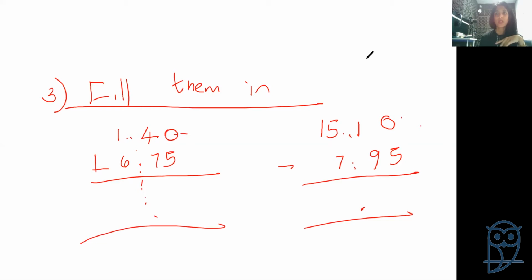Okay, so now we know that when we are converting from fractions to decimals, we divide the numerator and denominator. We've learned some of the rules of how we add and subtract decimal numbers.